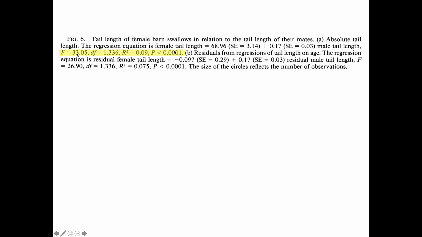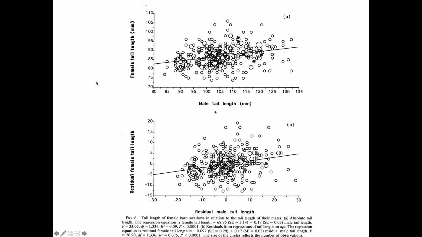And it is in a statistical sense, but the r-square value is only 0.09, which basically means that variation in male tail length only accounts for about 9% of the variation in female tail length. So male tail length, even though it's significantly correlated with female tail length, is not terribly predictive of female tail length.